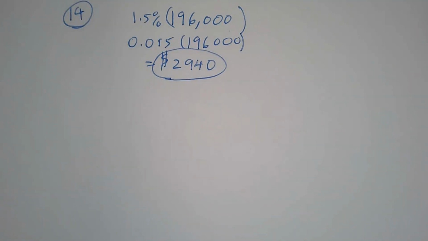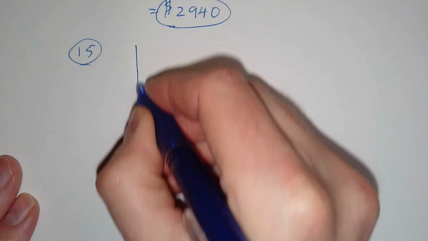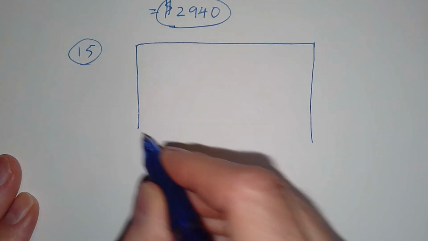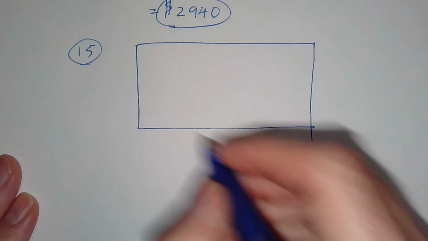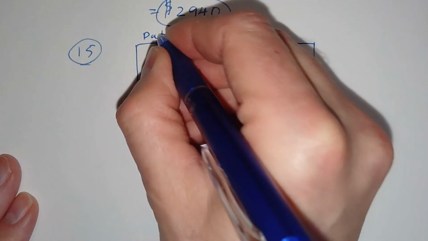So here I'm going to make a table. Now I'm going to do a simplified table. So we got our date.